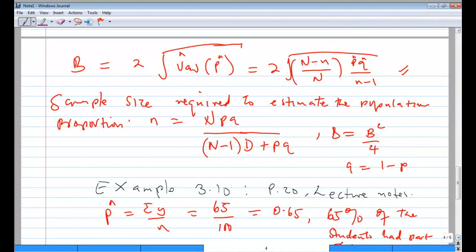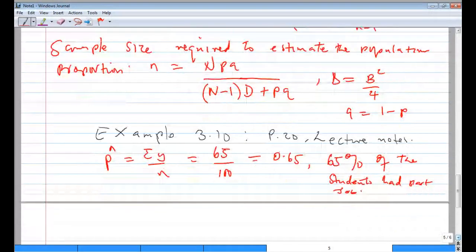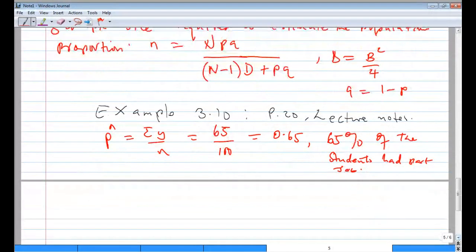What bound are you calculating there? B. Is the bound on the error of estimation for the population proportion or for the estimated population proportion?